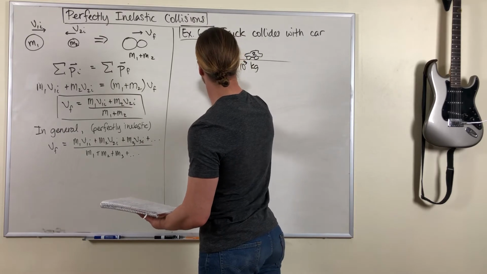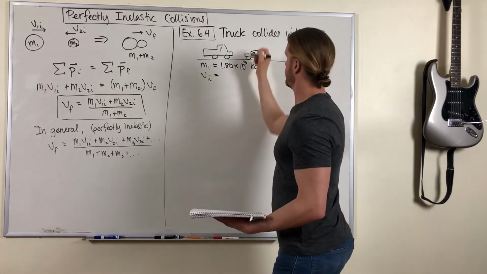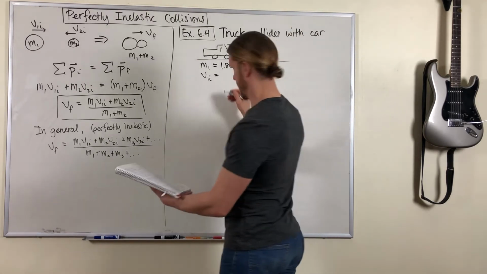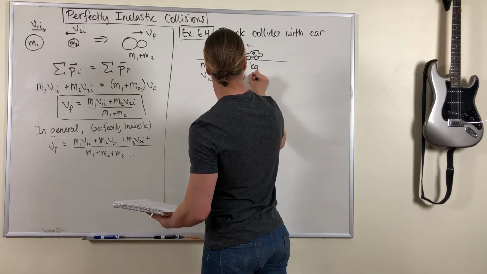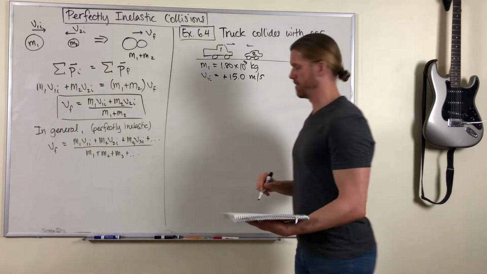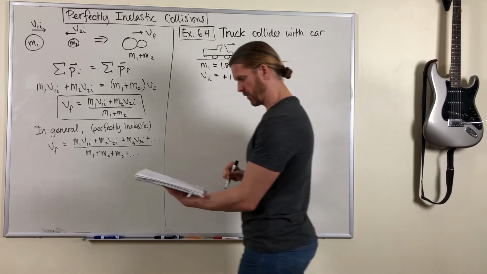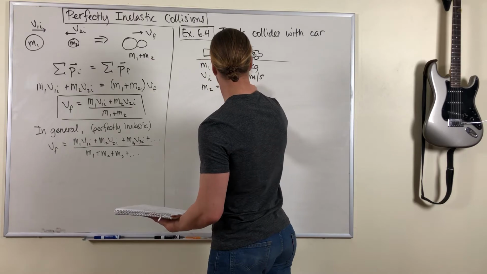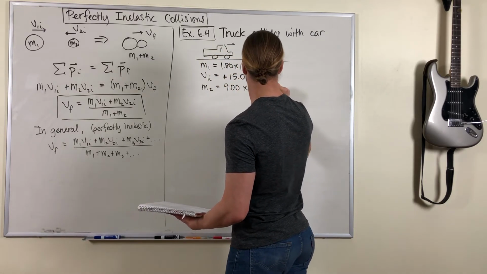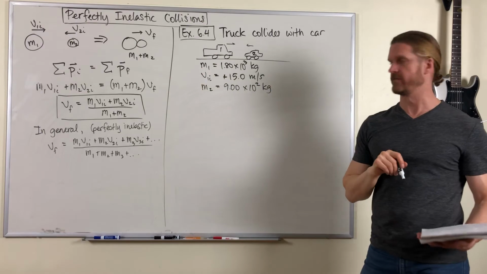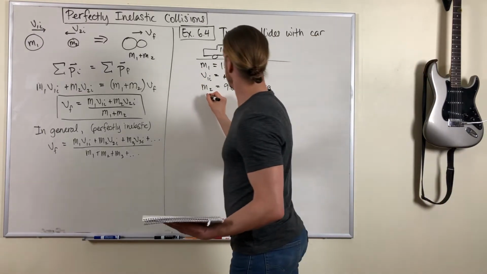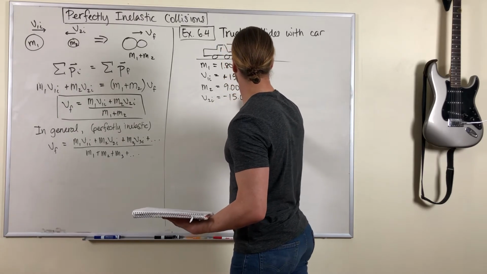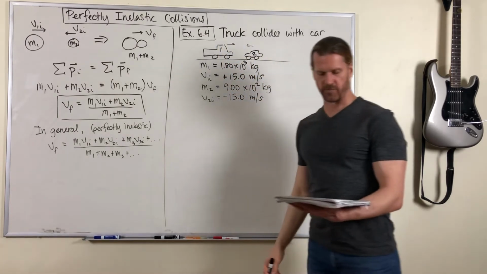It's traveling to the right initially at 15 meters per second. Now the car is smaller, its mass is only half as big, 900 kilograms instead of 1,800 kilograms. And it's traveling to the left at the same speed, 15 meters per second.